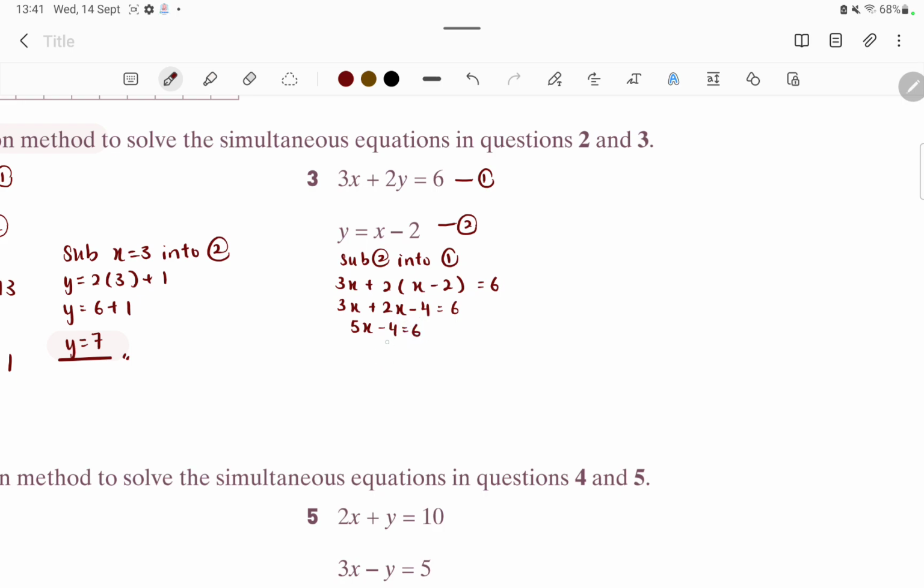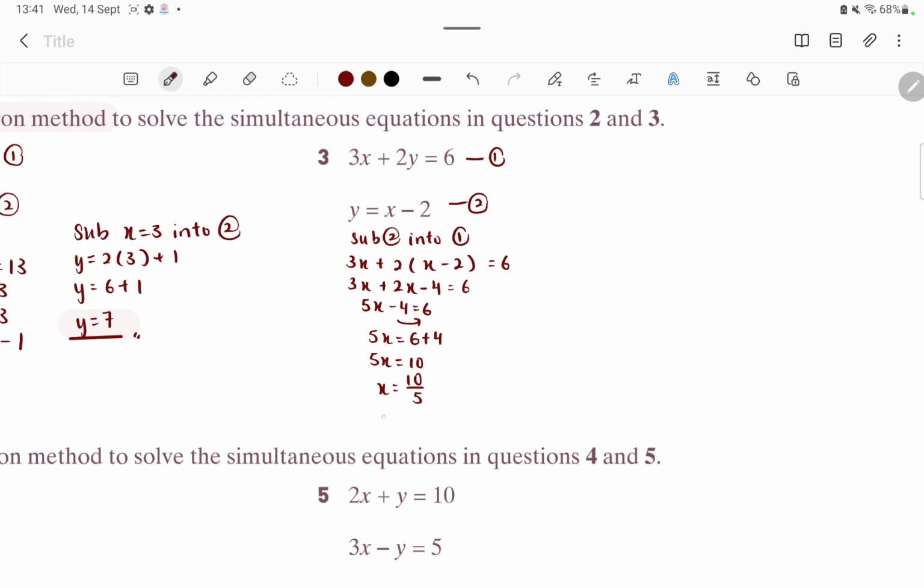Move negative 4 to the other side, becomes positive. So 5x equals to 6 plus 4. 5x equals to 10. x equals to 10 over 2. Not over 2, sorry, over 5. And then x equals to 2 as your final answer.